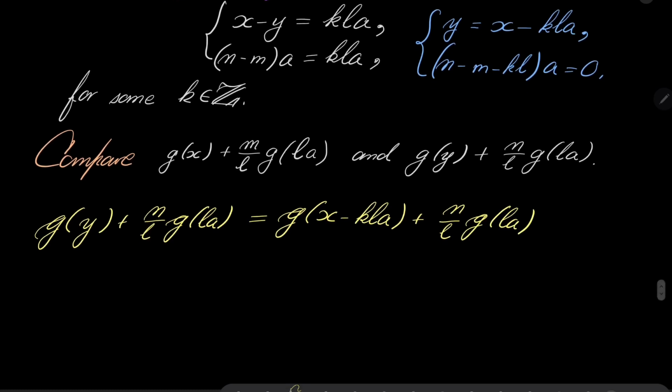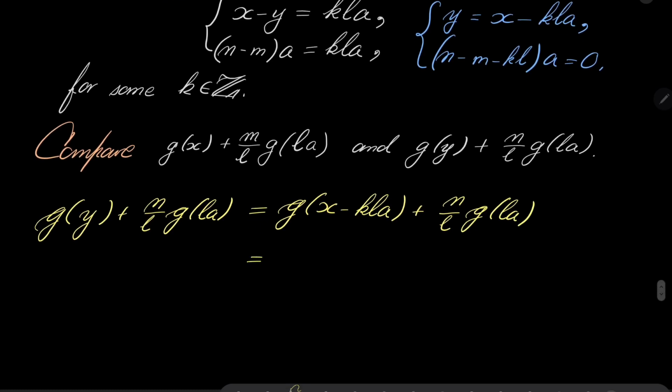Now, g of that can be written as g of x minus k times g of la plus n over l g of la.